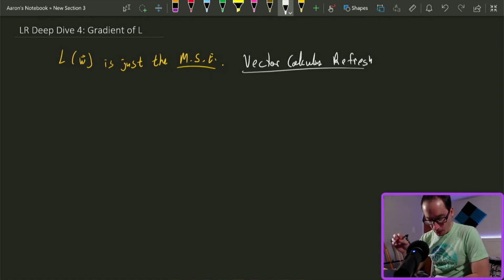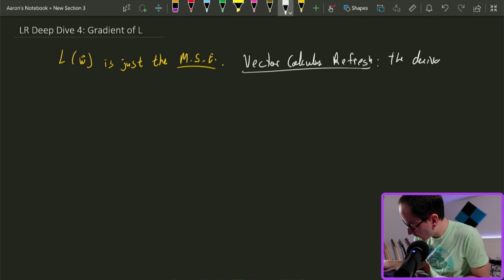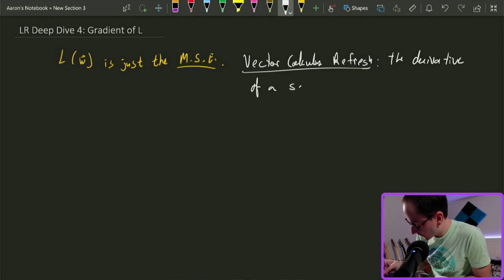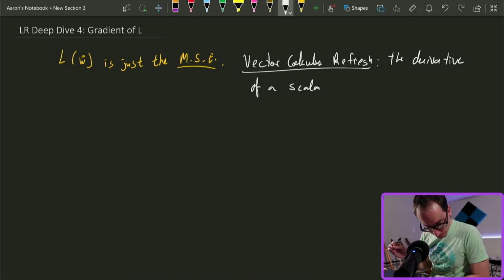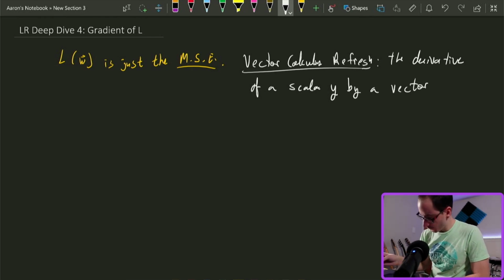So let's start here: the derivative of a scalar y by a vector x.